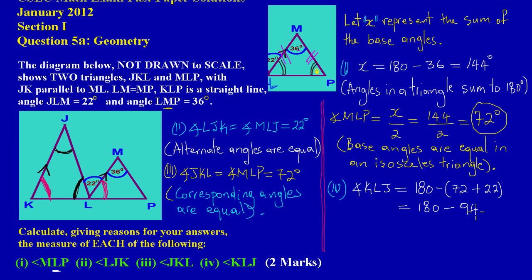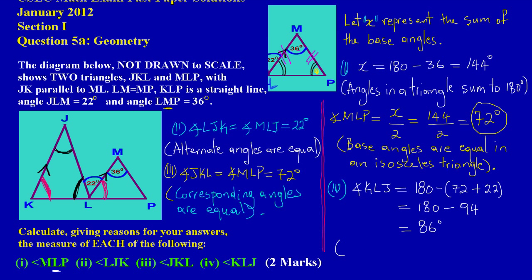Okay, so that's 94, and 180 minus 94, that would leave us with an 86 degrees. Okay, but we can't stop there. Remember, we have to give a geometric reason. So now we have to state that angles on a straight line sum to 180. All right, or you could say angles on a straight line are supplementary.